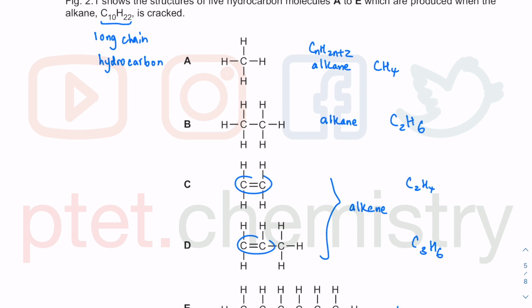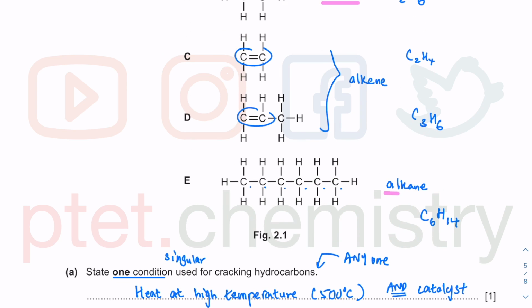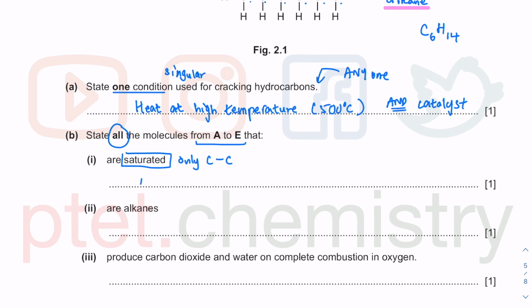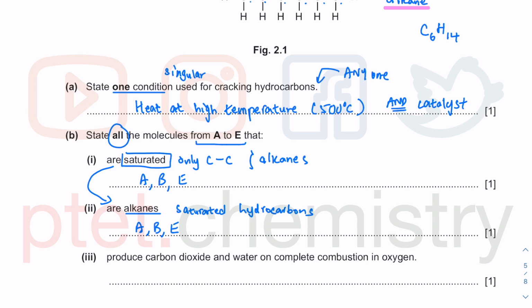Saturated must be alkane, so we're looking at A, B, and E. Those are your alkanes. Alkanes are saturated hydrocarbons. It's a repeat of the first question, just trying to confuse you.